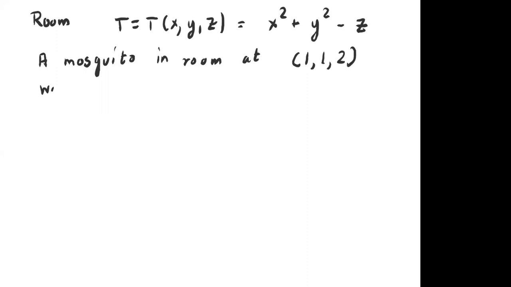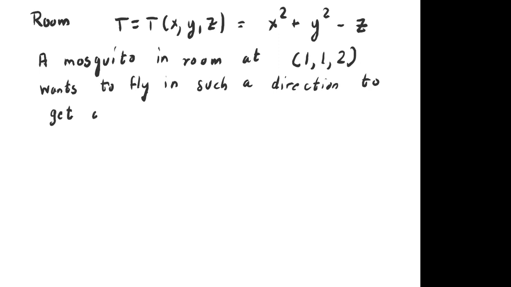And suppose this mosquito wants to fly in such a direction to get as warm as possible. That's a reasonable thing for an insect to do.